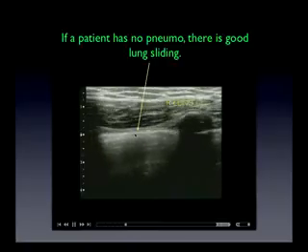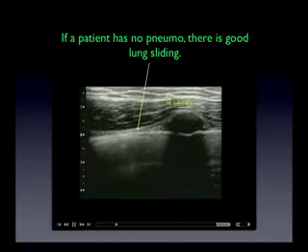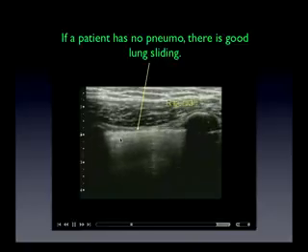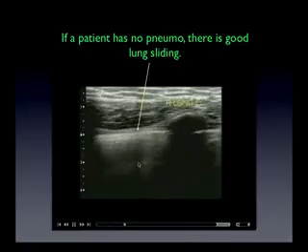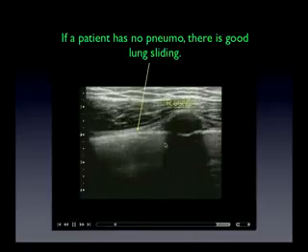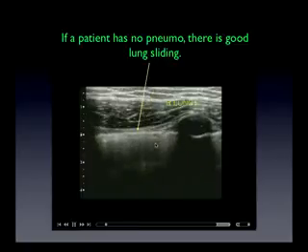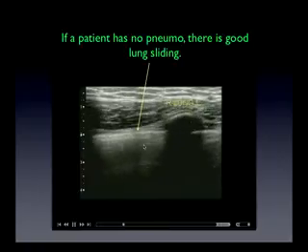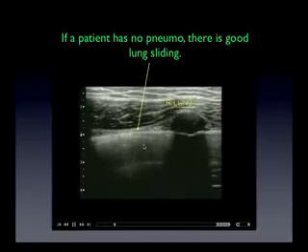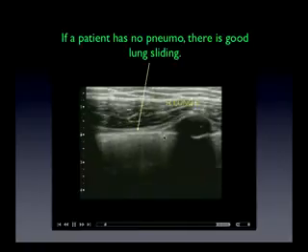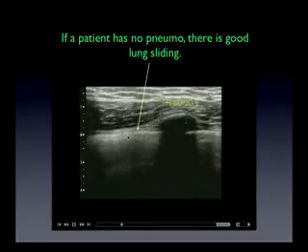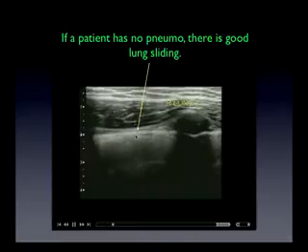And this line here does have some shimmering, indicating movement. And it has these lines coming down, which indicates the presence of what's known as B-lines, or comet tail artifacts, all of which shows no pneumothorax. This shimmering of this interface has been described as ants marching along, or merely motion that is visible.